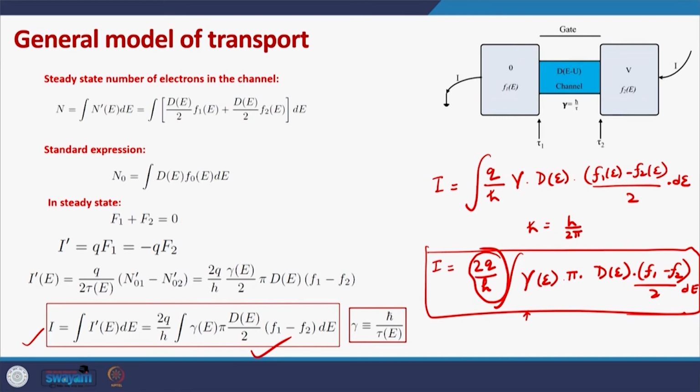In addition to that, it involves the difference in Fermi functions F1 minus F2, which is expected. The more the difference, the more the current. So, the difference is necessary for current to flow through the device. If there is no difference between the Fermi functions of the source and the drain, the current will be 0. However, that is not the case with the steady state electronic population.